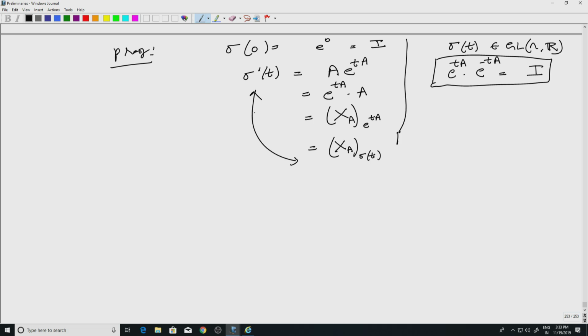We have already seen this, that we can just use left translation to take the integral curve starting at identity. This is true in any Lie group.